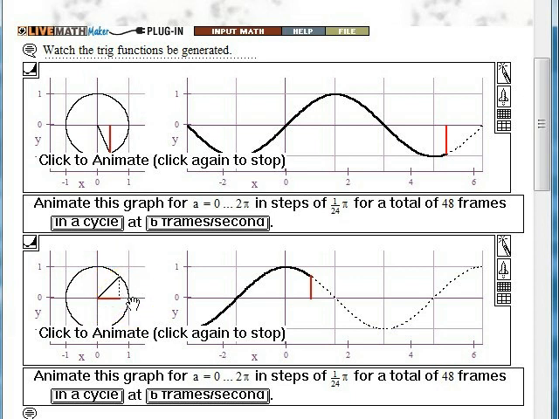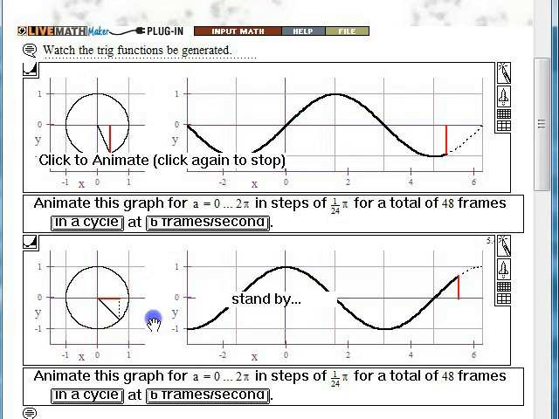Because the radius is 1, the arc length over here is equal in value to the angle in radians. The arc length is supposed to be the radius times the angle, but if the radius is 1, the arc length is just equal to the angle in radians. So the x-coordinate over here will be the angle over there, and the y-coordinate over here is the x-coordinate of that point, and hence it is the cosine of that angle.